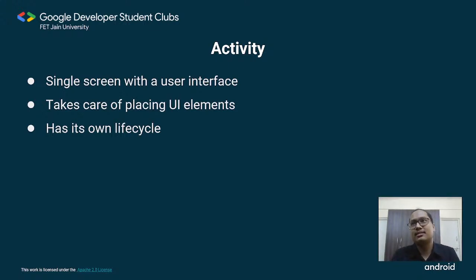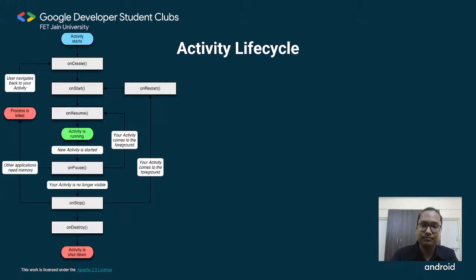And activity takes care of placing your UIs. If you have set that your image should be on top, it is the activity's job to make sure that the image is always displayed on the top part of the screen. And activity has its own life cycle. It preserves its own state, and that is how we developers can use it to manipulate the state of your screen.